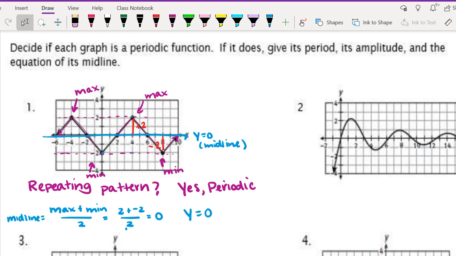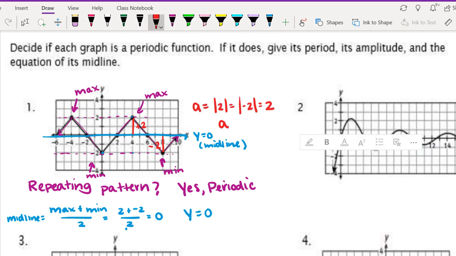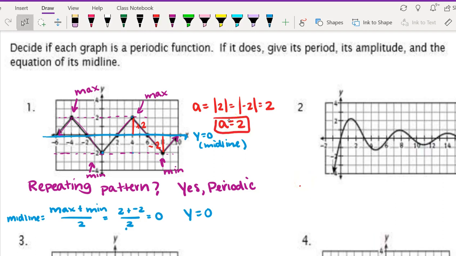So my amplitude in this case is the absolute value of 2, which is equal to the absolute value of -2, which is just 2. So my A value is equal to 2. Okay, so I have my amplitude. I also have my midline.